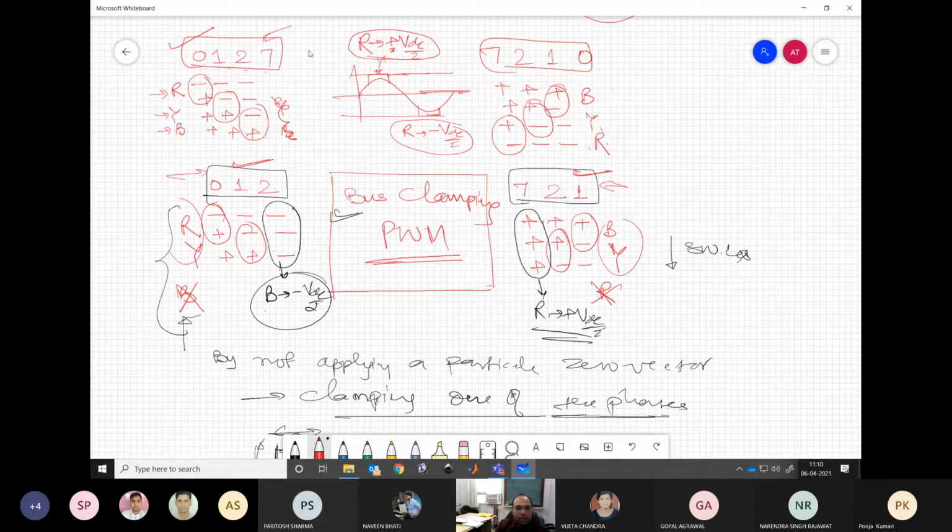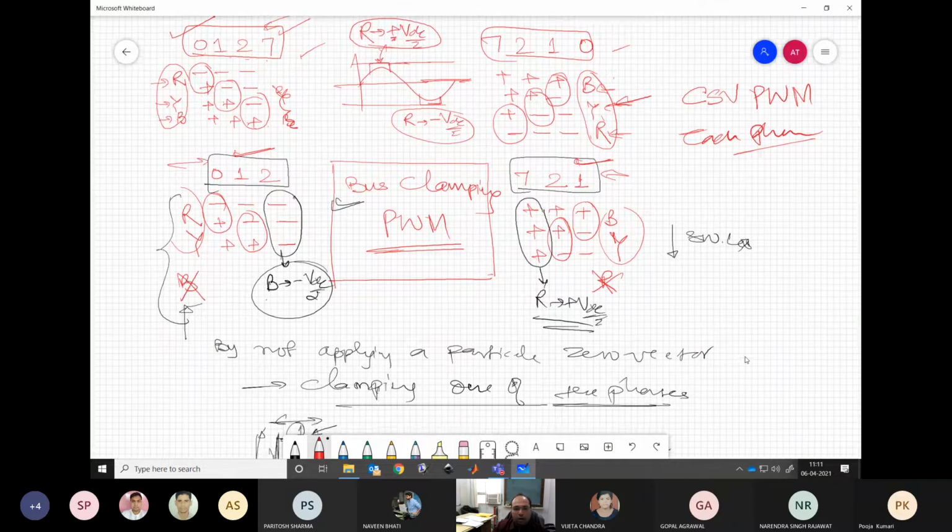When we have 0, 1, 2, 7, the order is RYB, and when we have 7, 2, 1, 0, it is first the B phase which is switching, then the Y phase, then the R phase. So overall, in conventional space vector PWM, each phase switches once in one sub-cycle or switching cycle.